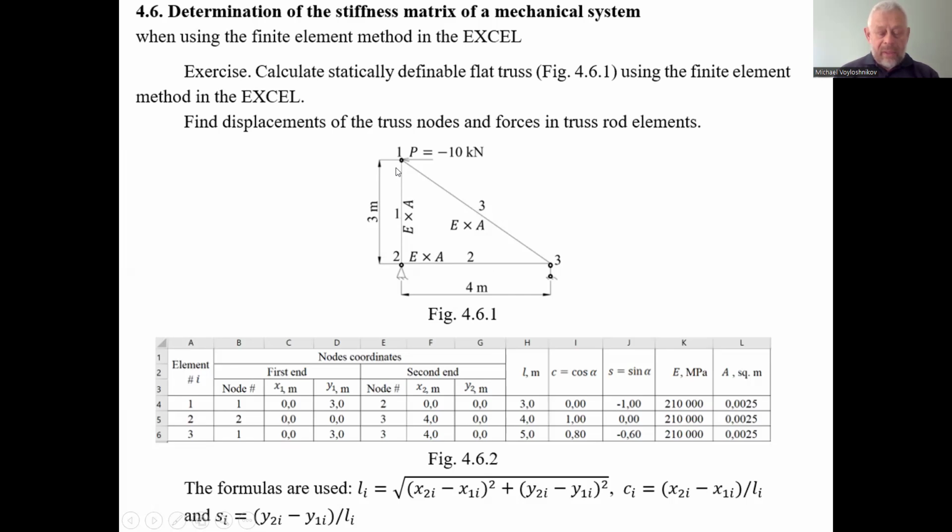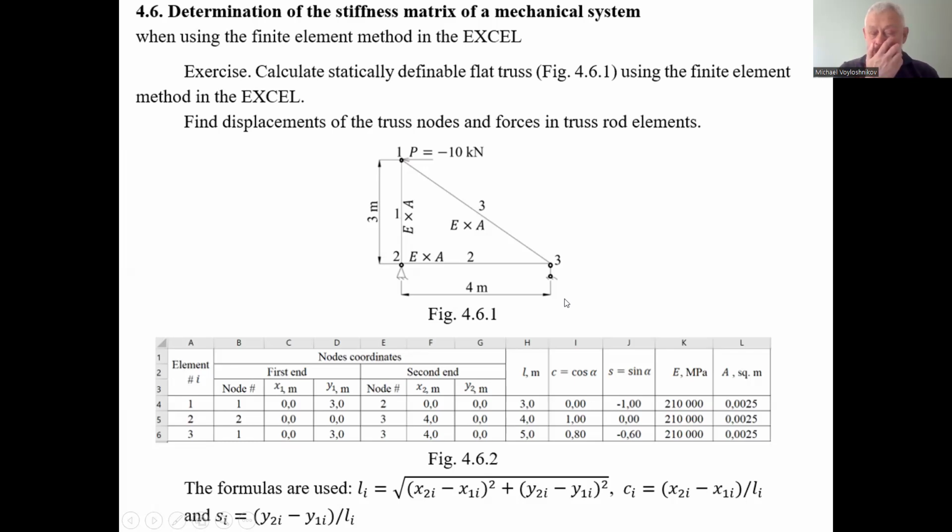And the last one we consider in another direction, from point 1 to point 3. We obey the adopted rule that the minimal node number is the rod beginning and the bigger number is the rod end. As for rod 3, this is the other direction of the denotation of the nodes.